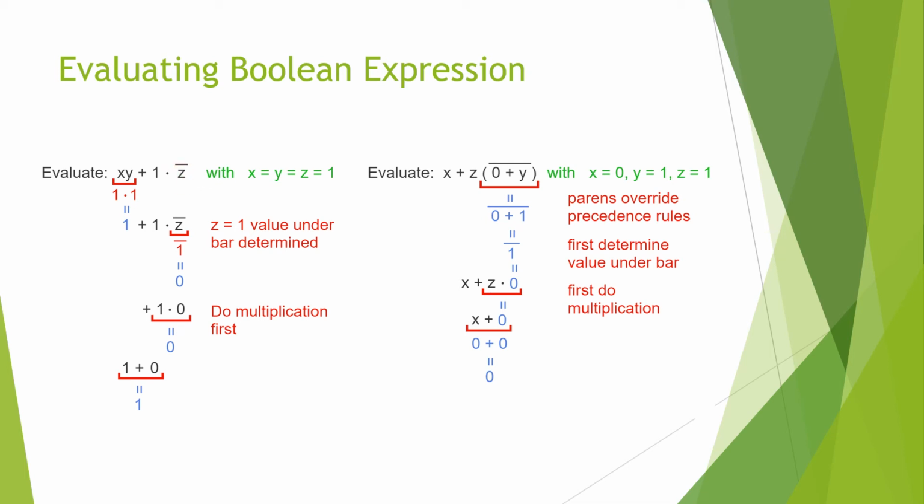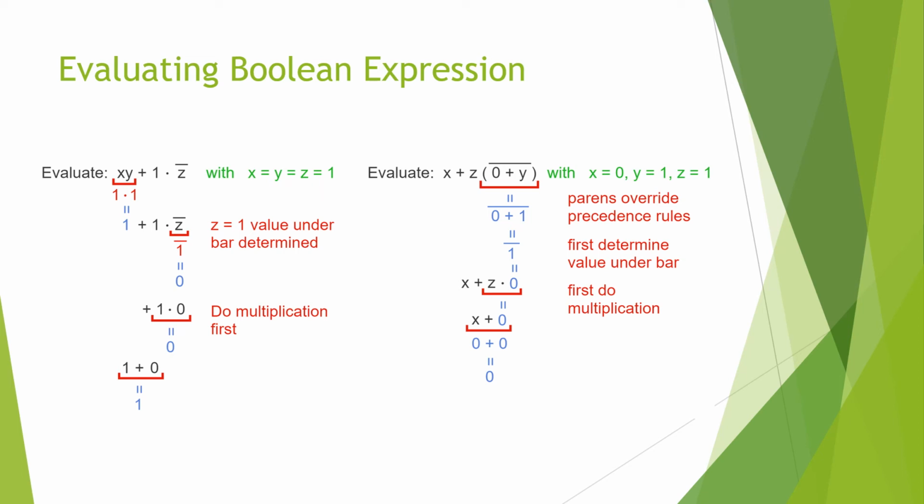So the complement operation is applied to z and the result is multiplied by 1. So let's see how we can evaluate this Boolean expression when x, y, and z are all equal to 1.